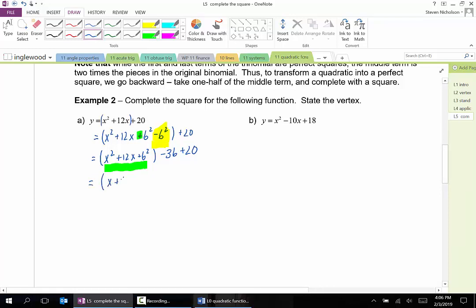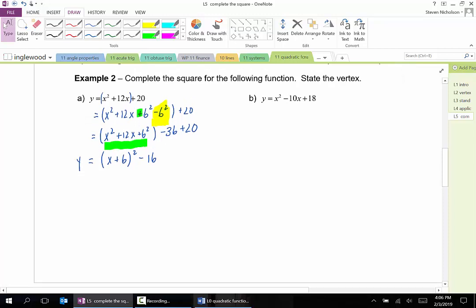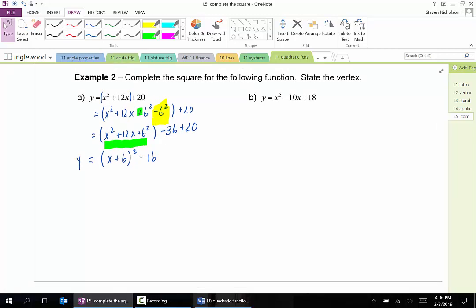So we can rewrite this to look like that, and when we add negative 36 and 20, we get that. And what I want you to recognize is we have just changed standard form into vertex form, and our vertex is negative 6, negative 16.